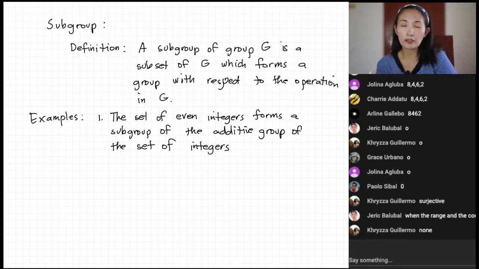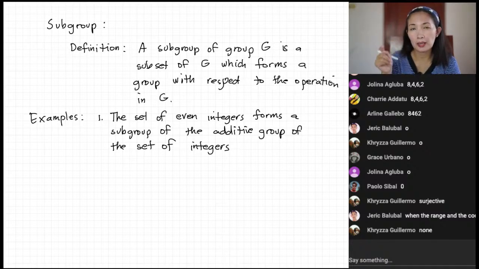So the set of integers is a group under addition because it satisfies closure property, it satisfies associativity, there is an identity element, and all elements have additive inverses.